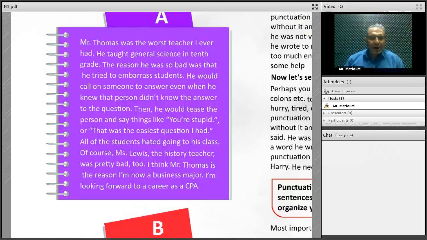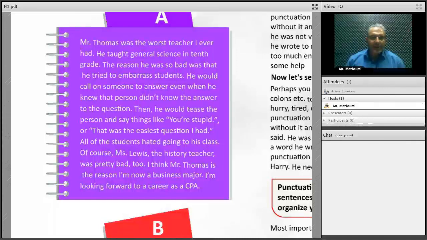Okay, so remember our topic is about Mr. Thomas. We are going to backbite him, but suddenly we mention Ms. Lewis. Are they related? Of course not. So cross out this sentence.